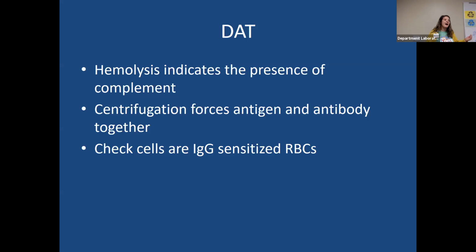It can neutralize your AHG reagent. Once your AHG reagent becomes neutralized, it cannot bind to the antibody that is attached to the red cells. And if AHG can't bind, guess what? We are unable to visualize agglutination, so we will have false negatives. Okay? Improper washing or failure to add AHG will result in false negatives.